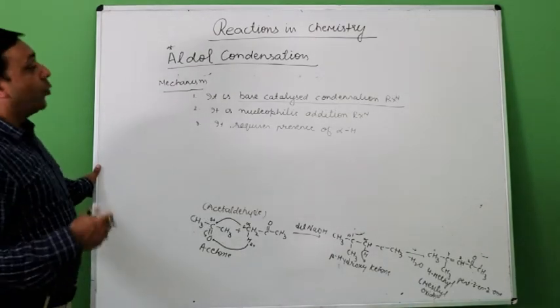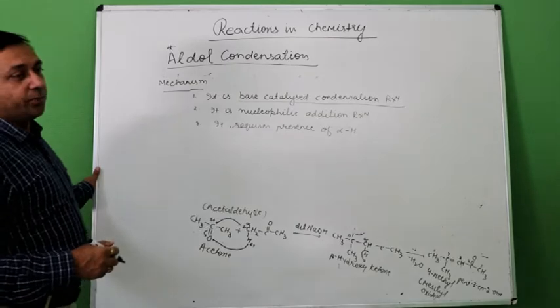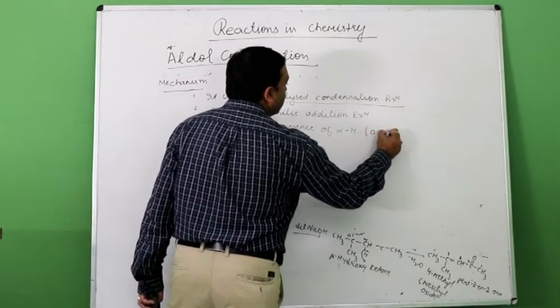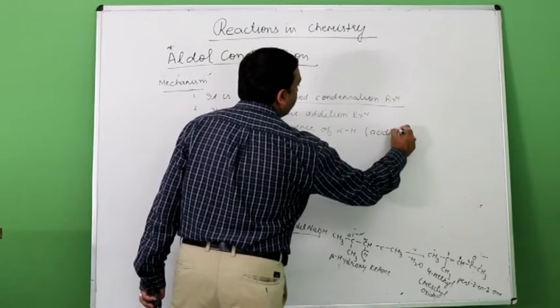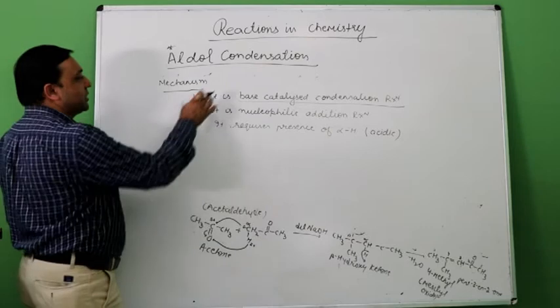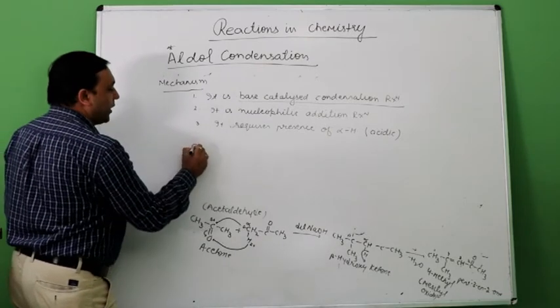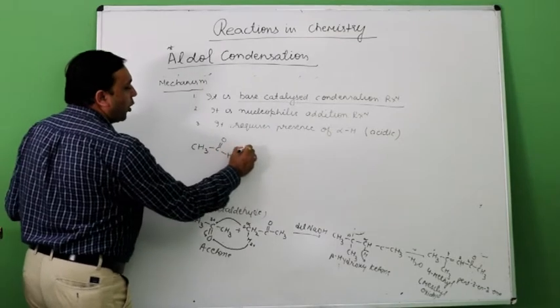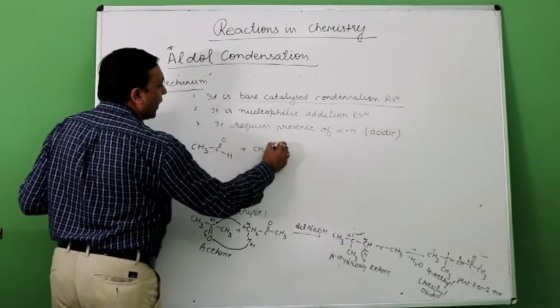Now the question is, why do we require alpha H in a molecule? Because alpha H is basically an acidic hydrogen, creating an acidic center. Now if I explain these 3 points by taking this example, again I have to take the same example, but now I am taking it with a mechanism.